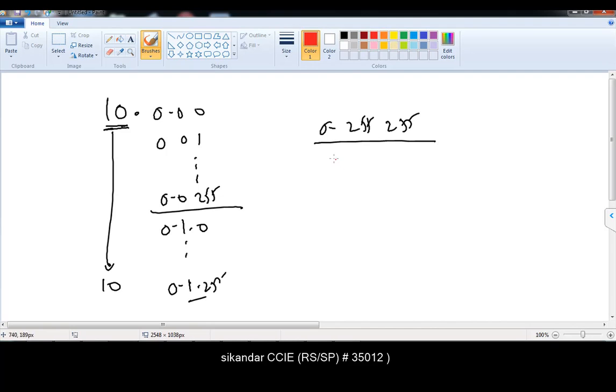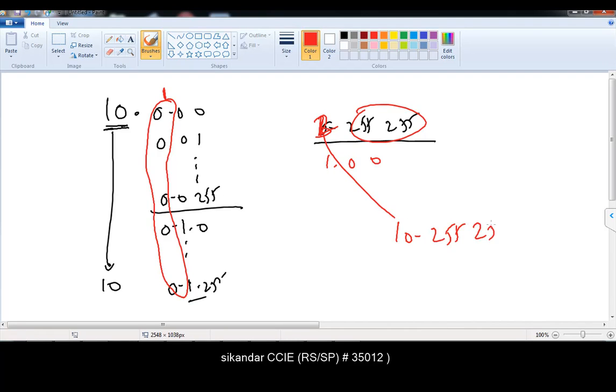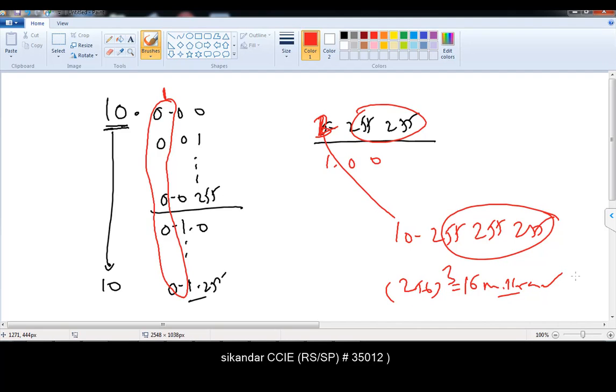Once I finish this, I can move on with 1.0.0, finishing till 1.255.255. In a similar way 2, 3, like that till you get 10.255.255.255. This means you get 256 cubed addresses, more than 16 million. The exact number is 16,777,216.